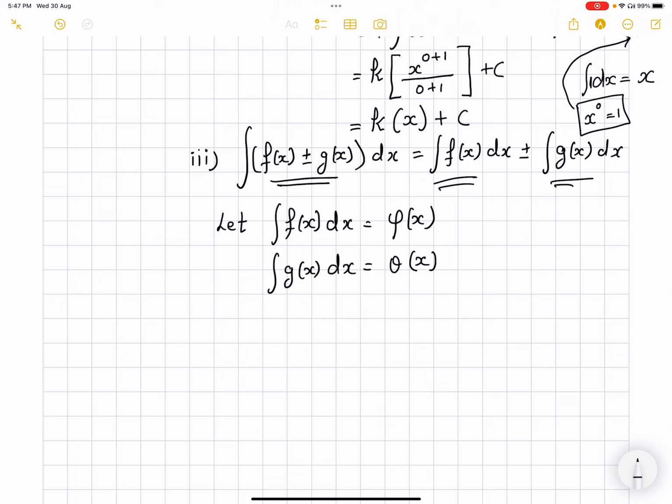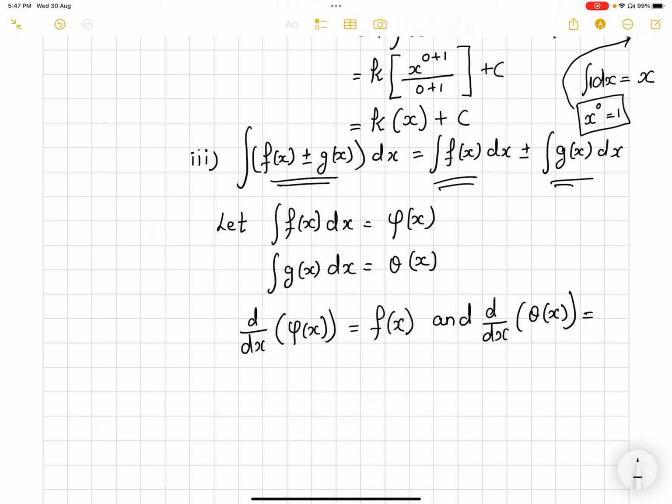Now when I differentiate my phi of x, I would be getting f of x. Because we know when I integrate a gradient, I get a function. When I differentiate a function, I get my gradient back. And the same way it goes for this one also. When I differentiate theta of x, I would be getting my g of x.